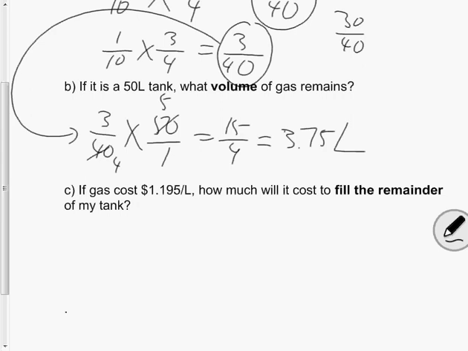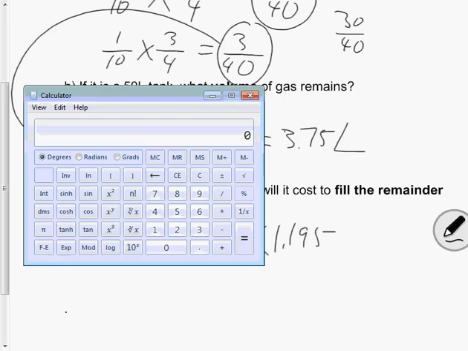If gas costs $1.195 per liter, how much will it cost to fill the remainder of my tank? So if it's a 50-liter tank and there's 3.75 liters, that means that there's 46.25 liters left in the tank, or that needs to be filled, excuse me. So if I take that and multiply it by the cost of each liter, then I'll take my calculator.